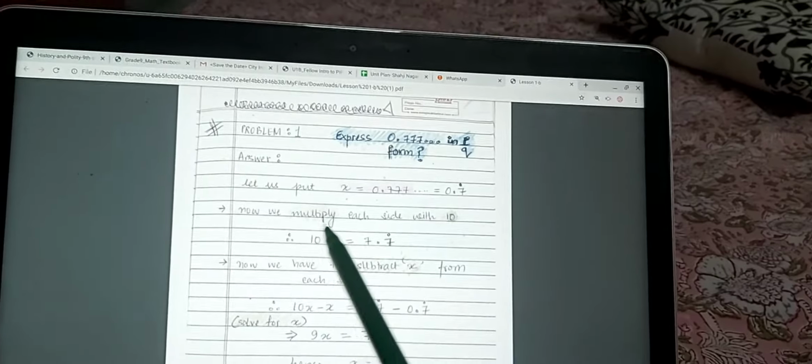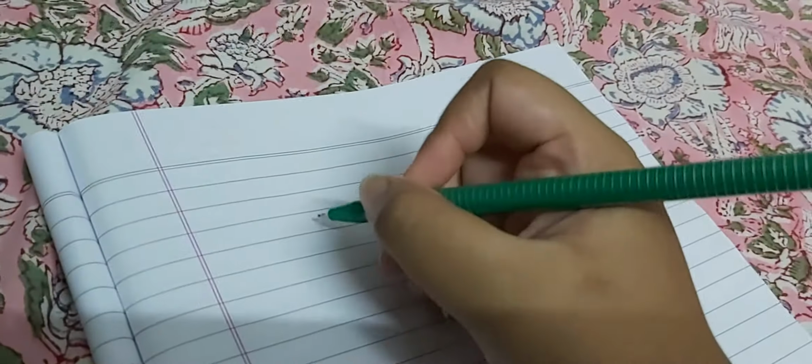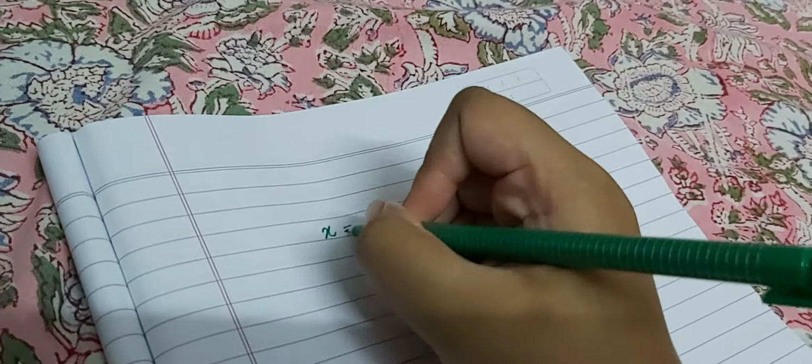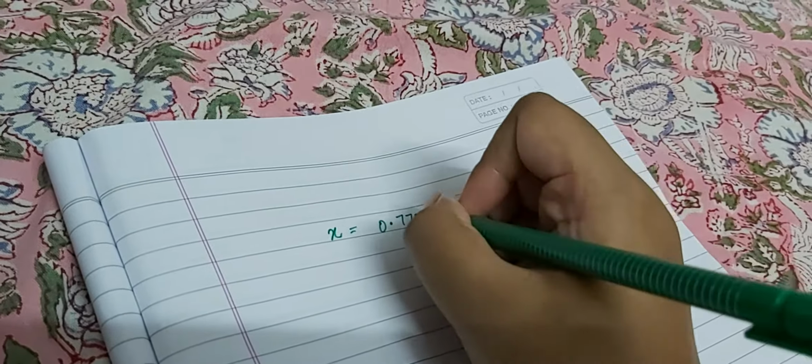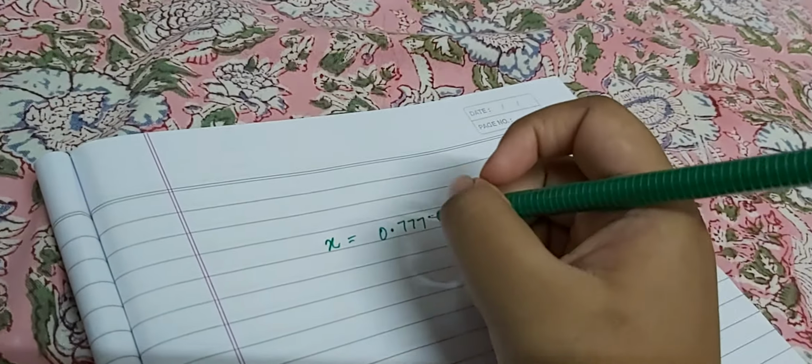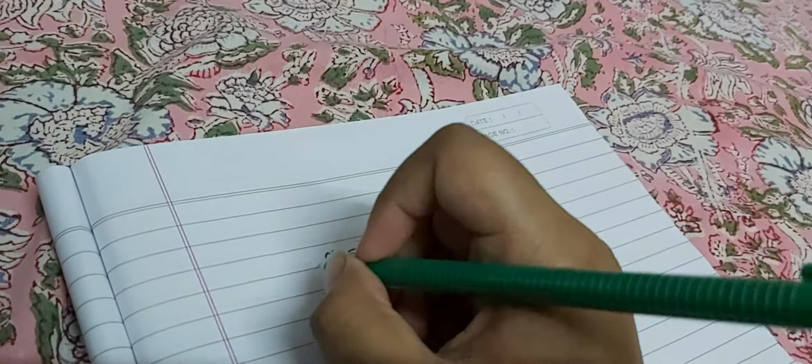Okay? Now we multiply each side with 10. Now look. Over here I'm saying x is equal to 0.777. Now I am telling you multiply each side by 10.